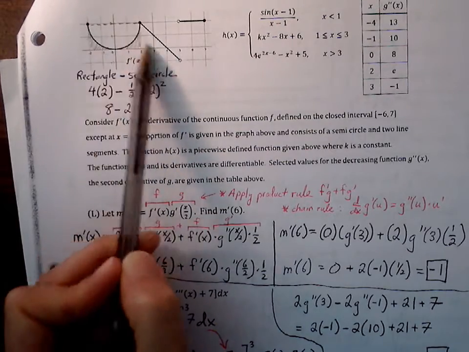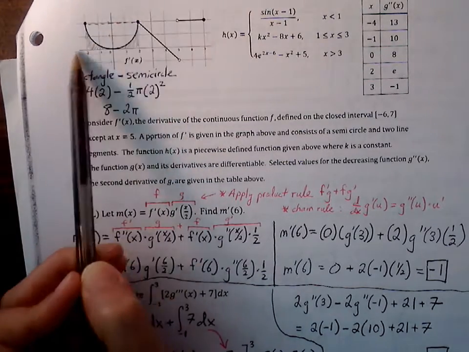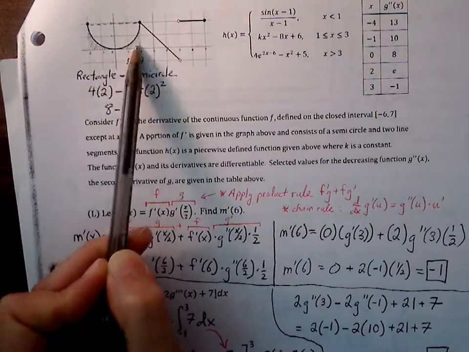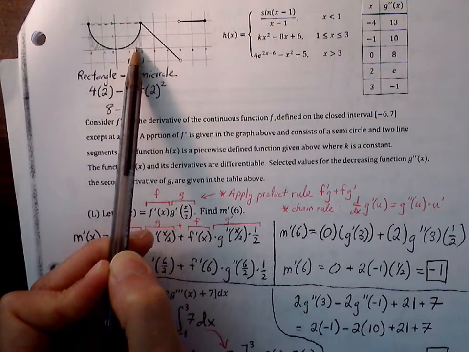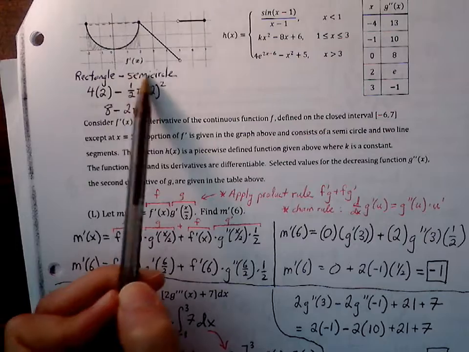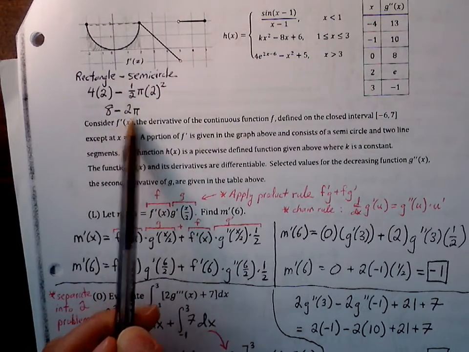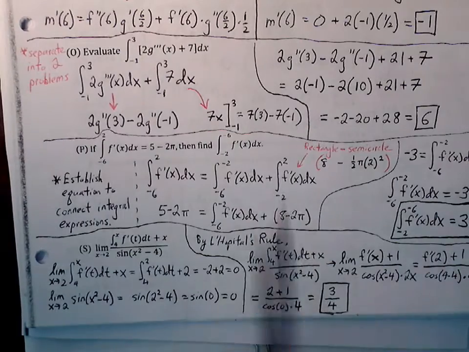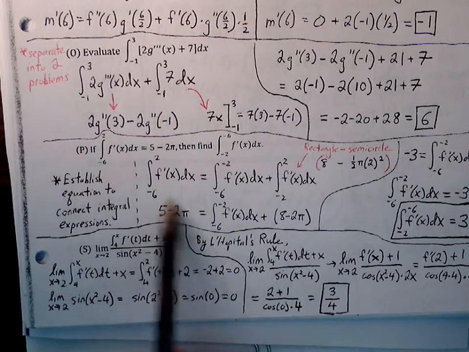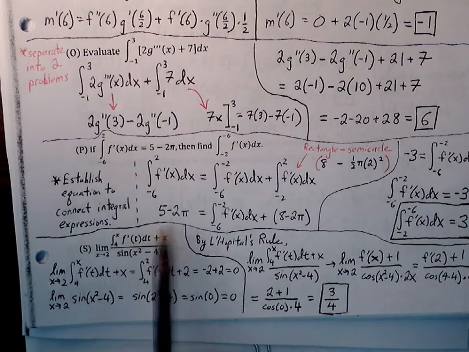So if I take a rectangle and remove the semicircle, then I'm left with these leftover regions. So rectangle minus semicircle, 8 minus 2 pi, and we can represent that as this portion here. Now we know this portion is given to us as 5 minus 2 pi.